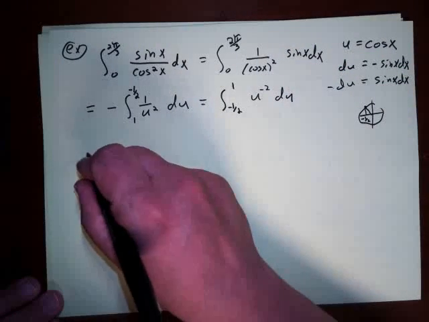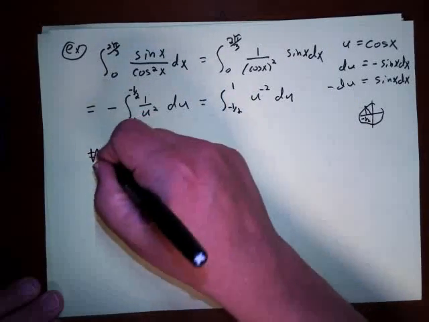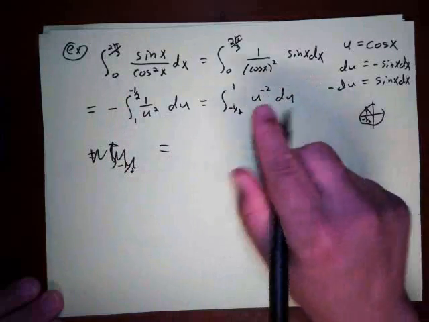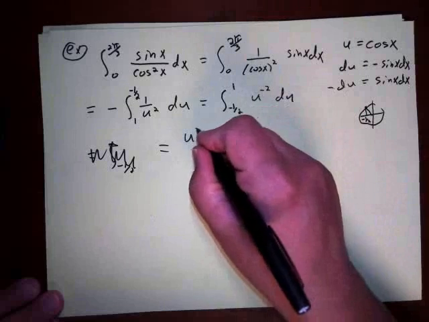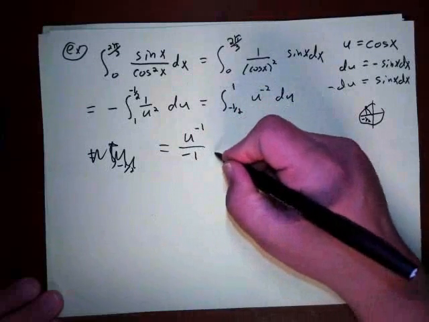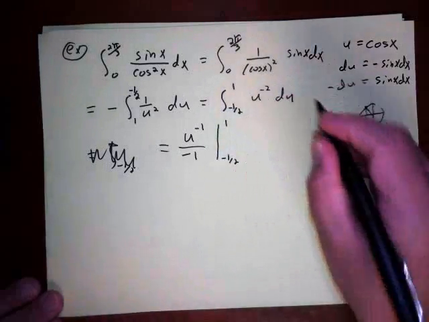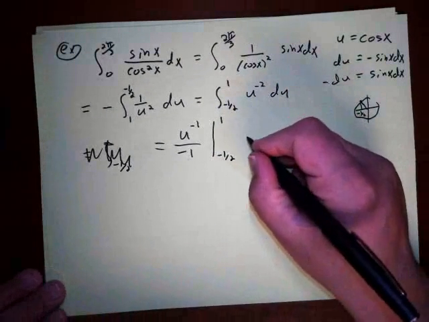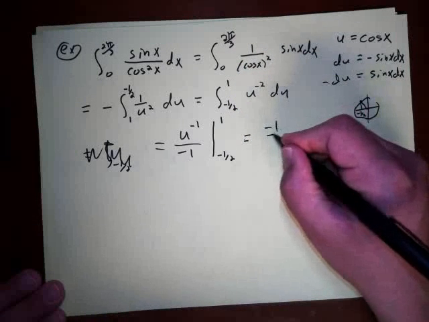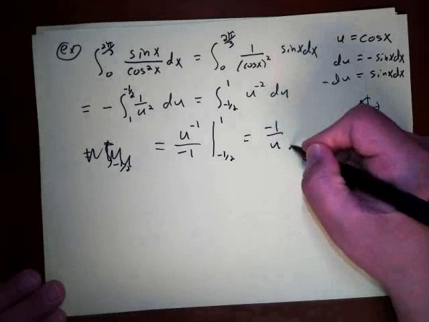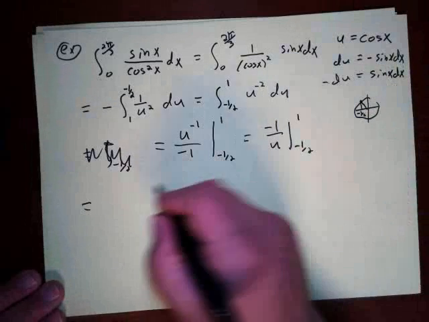And then I can actually take the antiderivative now, and so I would get u to the n plus 1 would just be negative 1 over negative 1, and then this would be negative 1/2 to 1, and so I could rewrite that as negative 1 over u from negative 1/2 to 1. So now let me just plug these into here.